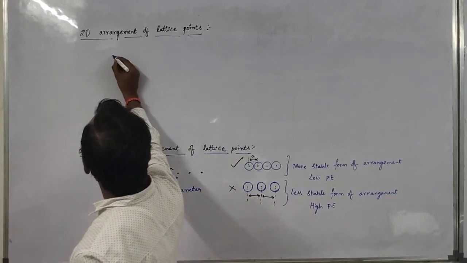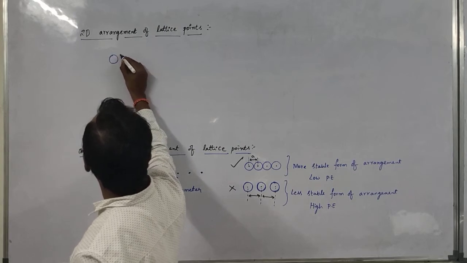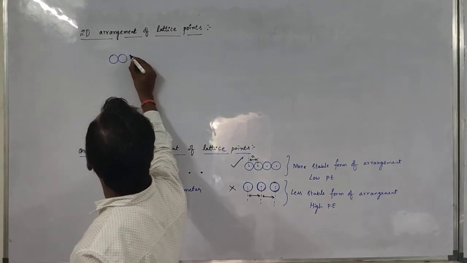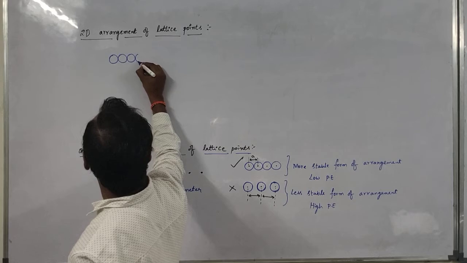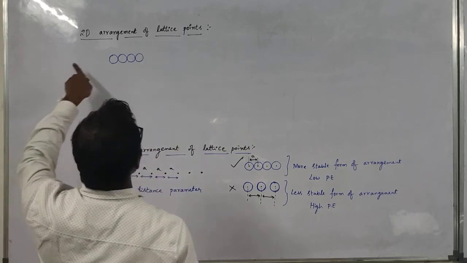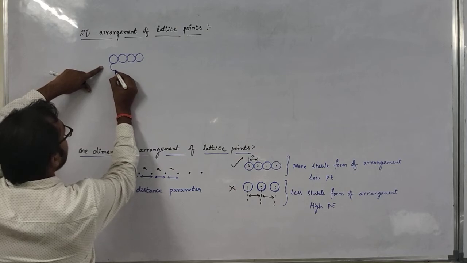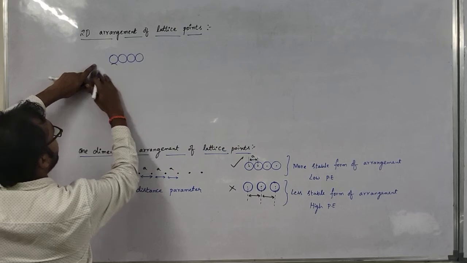Now observe this. So this is one-dimensional arrangement. Now if I bring another such layer, then what do we call this? This becomes two-dimensional arrangement.